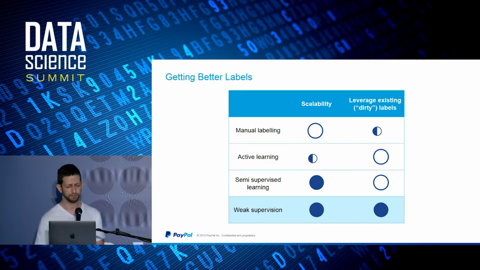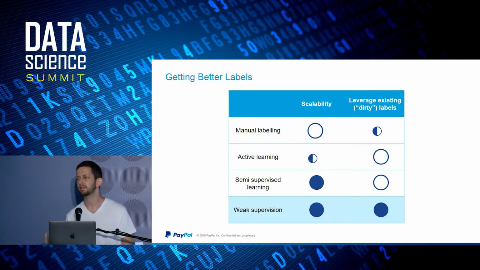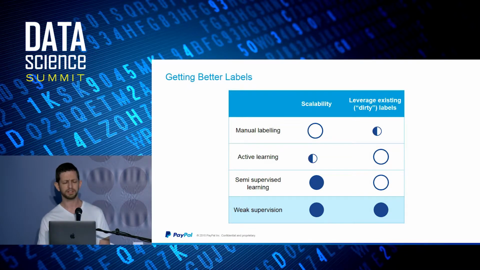So another approach that does scale really well is something called semi-supervised learning. Semi-supervised learning is a class of algorithms designed to benefit both from labeled data and unlabeled data. There are examples out there of really high-scale semi-supervised learning implementations. But the problem with this approach was that it didn't let us utilize the fact that we already have labels for almost everything.